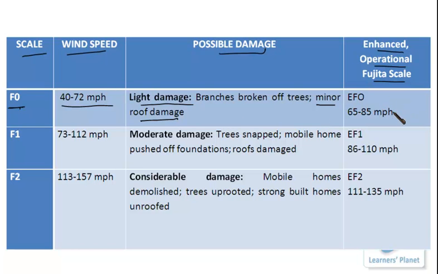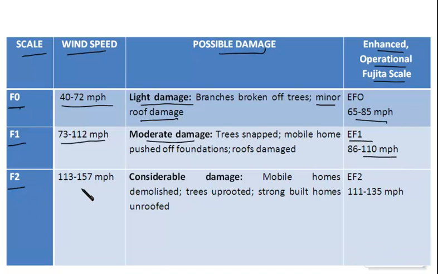And the Enhanced Operational Fujita scale, on which it shows the tornado intensity, is 65 to 85 miles per hour. Following considerably, in the F1 scale, there is a wind speed of 73 to 112 miles per hour, but it is considered to be moderate damage, and EF1 is 86 to 110 miles per hour.